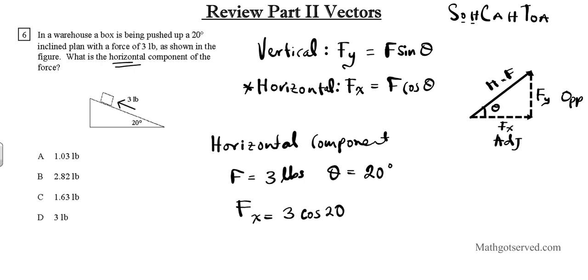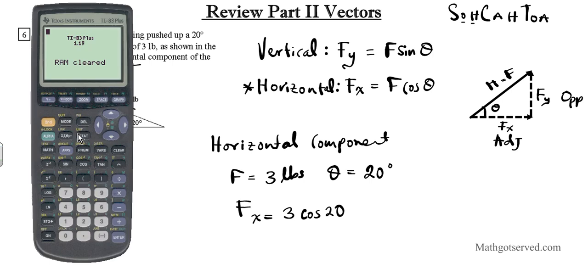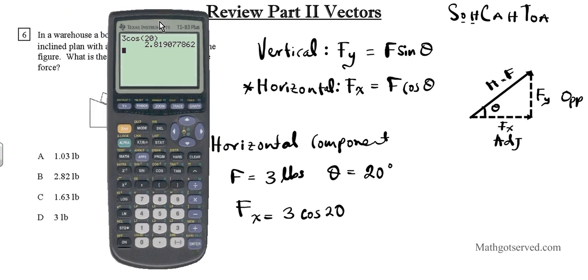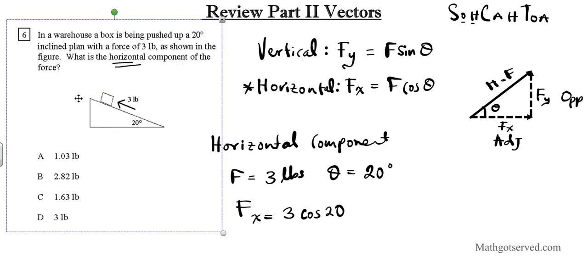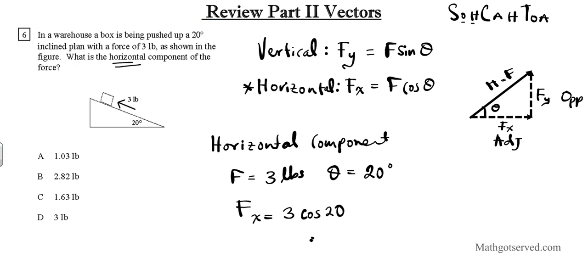Make sure we're in the right mode, degrees. So 3 cosine 20 yields 2.8191, which to two decimal places is 2.82. So the horizontal component of the force is approximately 2.82 pounds. Our answer is option B.